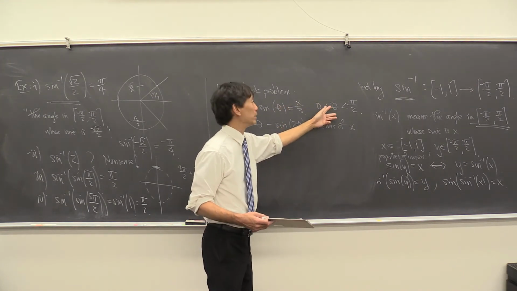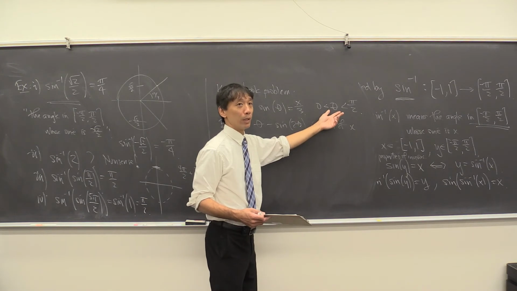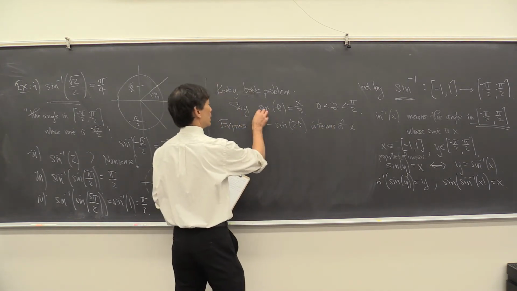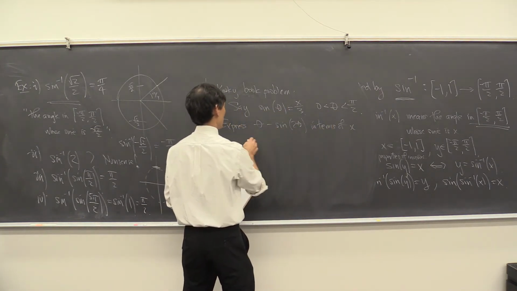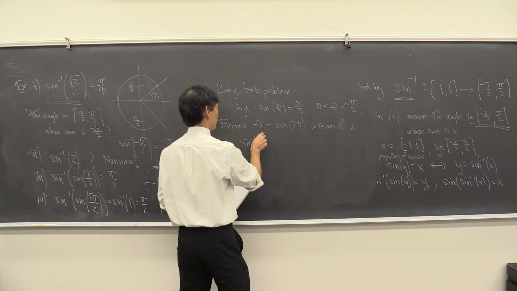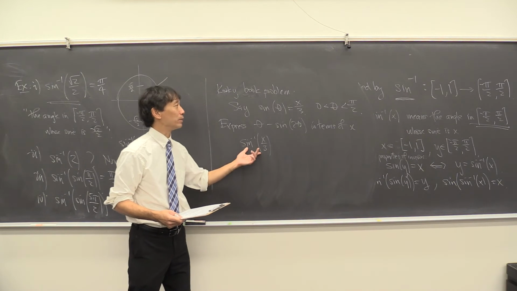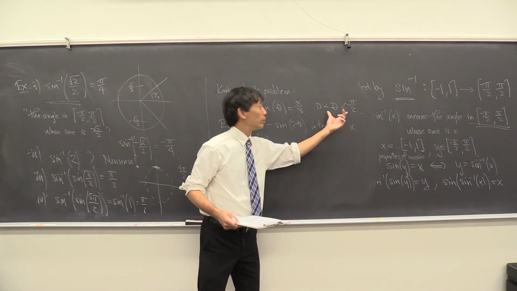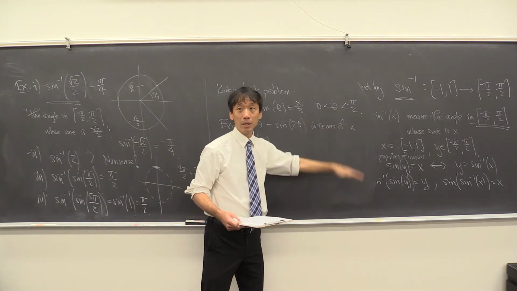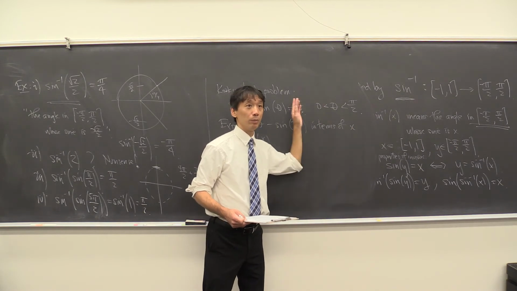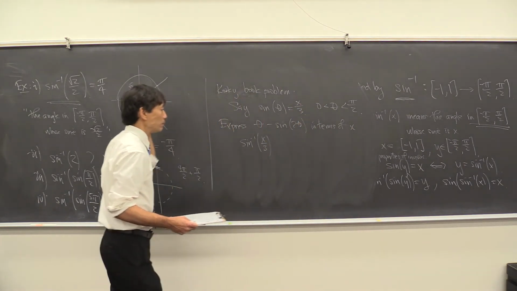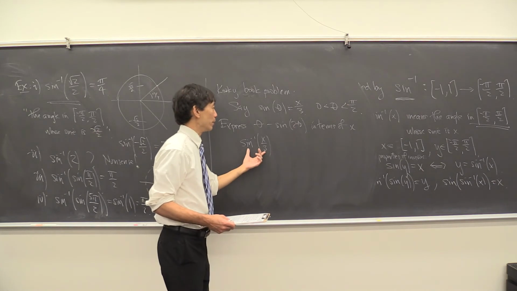It's in the range. The sine inverse is going to return this. So theta is sine inverse of x over 3. We do have to be a little cautious and make sure that our theta actually lies in the range that it should be in. Okay. So sine inverse of x over 3.